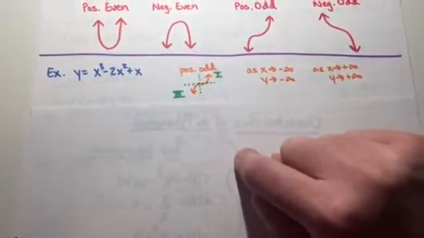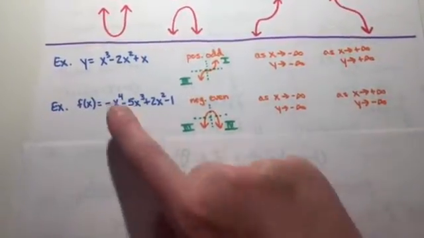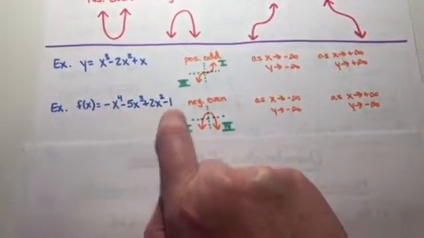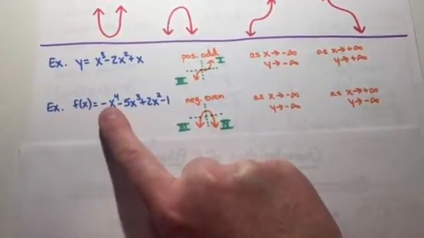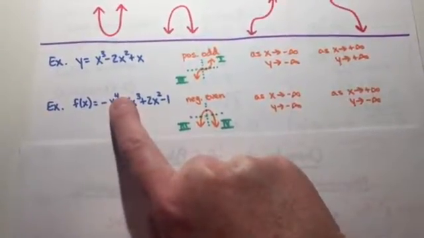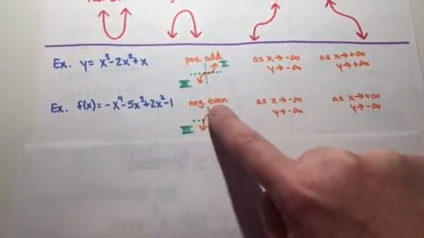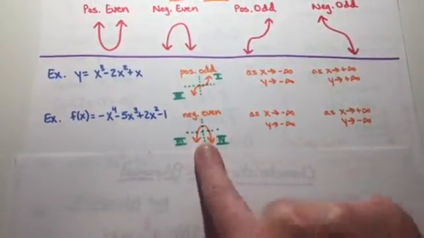So example 2 is negative x to the fourth. It's in standard form, but that is my leading term. So I look right there to find it. It's negative and it's even because of the degree of 4. So negative even would follow the behavior of a basic negative quadratic function.